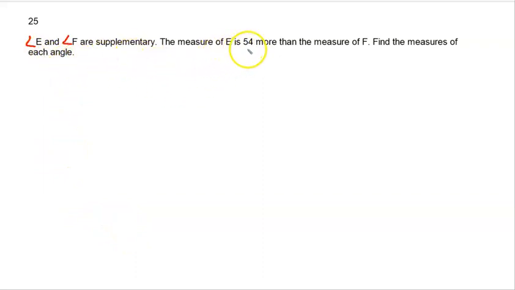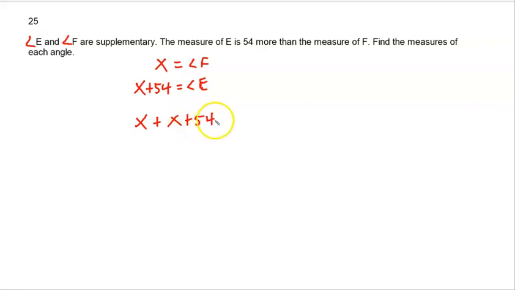The measure of E is 54 more than the measure of F. All right, so we can just use the variable x to be the measurement of F, so angle F. And then that plus 54 is going to be angle E. And so since these are supplementary, they should add together to equal 180 degrees.